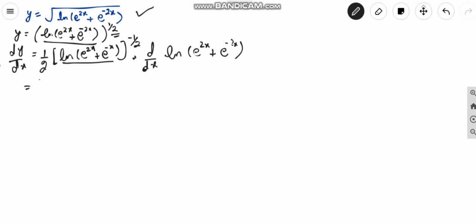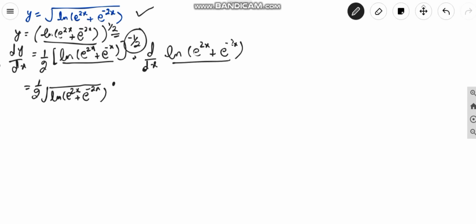Now it becomes 1/2, as the power is −1/2, so we can write it as 1 over 2 square root of natural log of e^2x + e^−2x. Now solve this function.